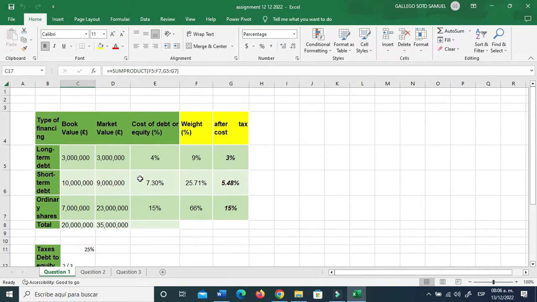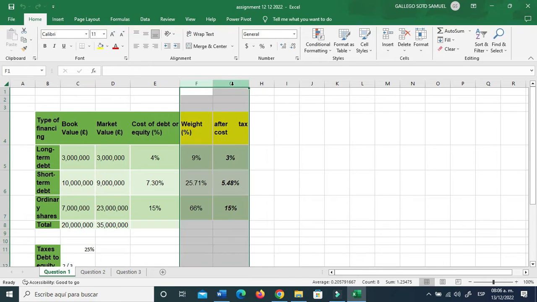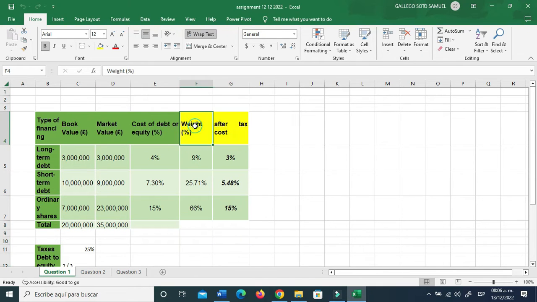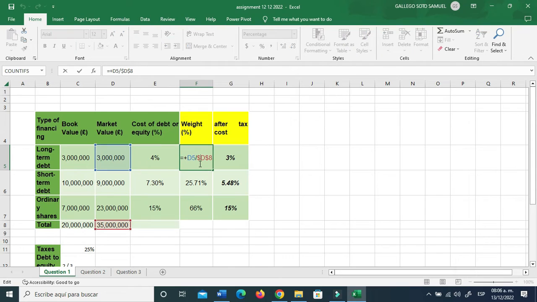That's going to be 11.52, and the way I got to that number was, as you can see, we have columns F and G here, which are new. With that, all I did was find the weight of each of the sources of money.